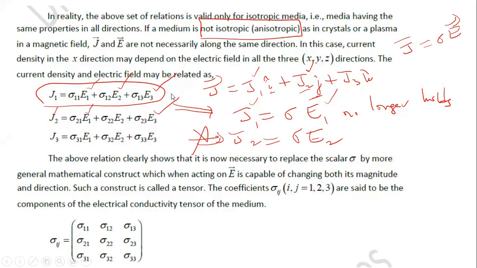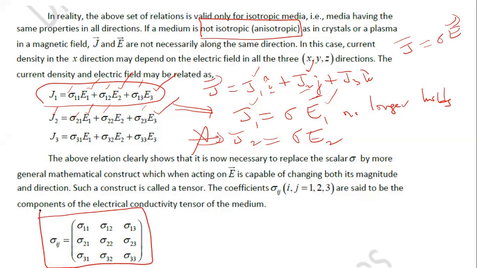So the proportionality constants for each electric field component can be written as sigma 11, sigma 12, sigma 13, and similarly sigma 21, sigma 22, sigma 23. So this sigma, the conductivity, as you see, is no longer a constant quantity for every component of the current density or for every component along the electric field direction.